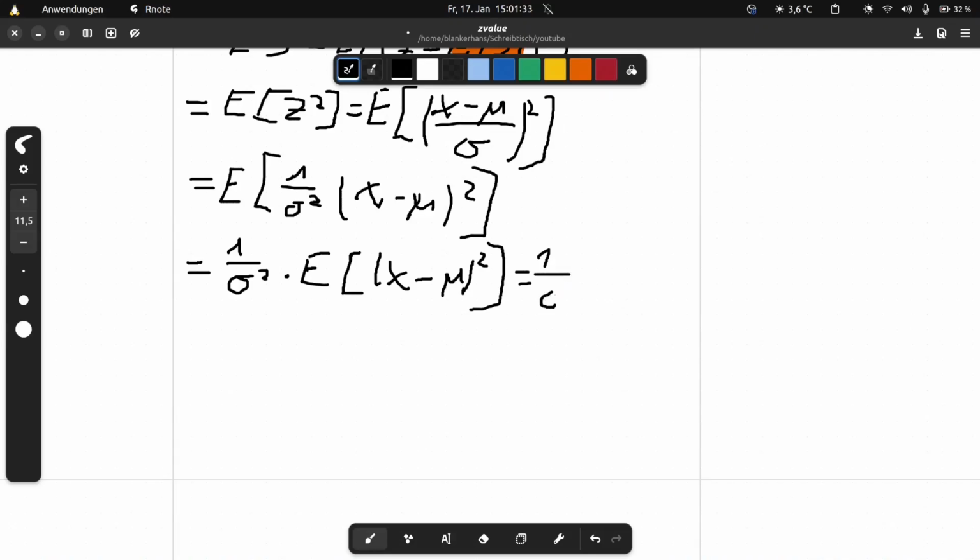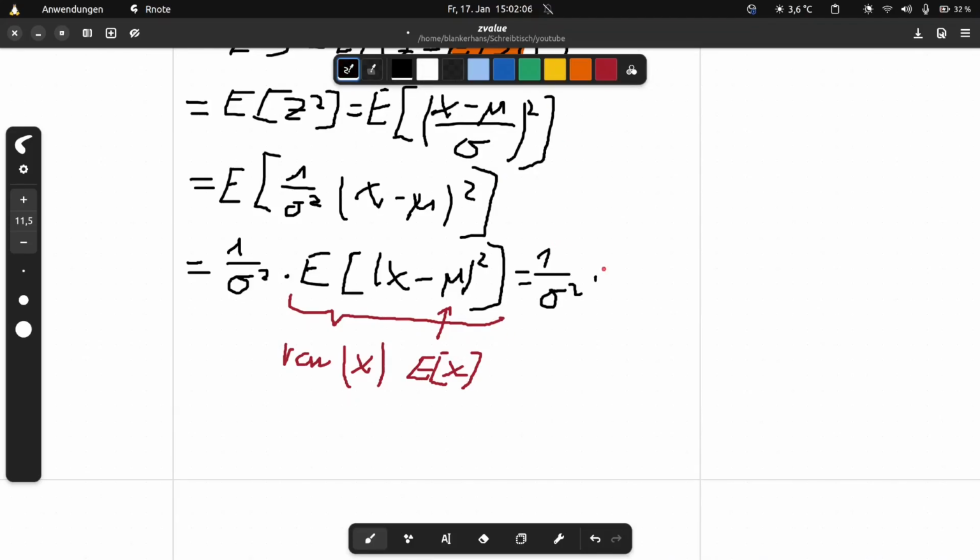So we are left with 1 divided by sigma squared, and this term here is just the definition of the variance of x, because the variance of x is just the expectation of x minus its expectation squared, and yeah, this here is the expectation of x.